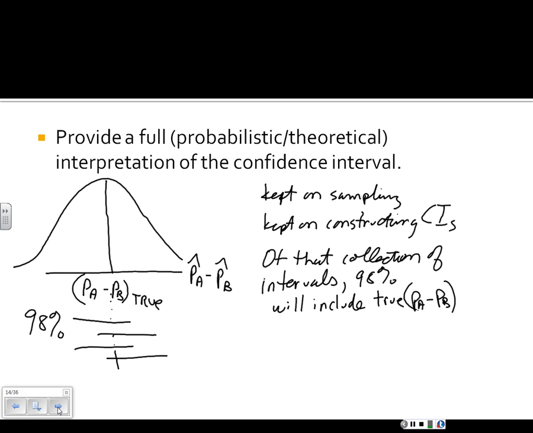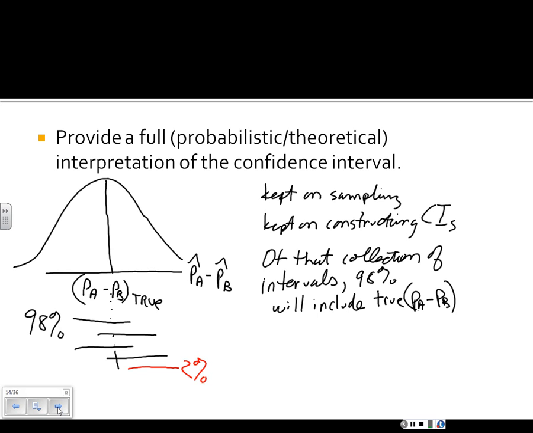But we know up front, when you do statistics, there's always a chance of error. We've constrained that in this case to, in the long run, a 2% chance of error. So 2% will not include the real difference. So we know coming in when we construct the intervals that 2% of the time our interval is not going to include the real parameter.